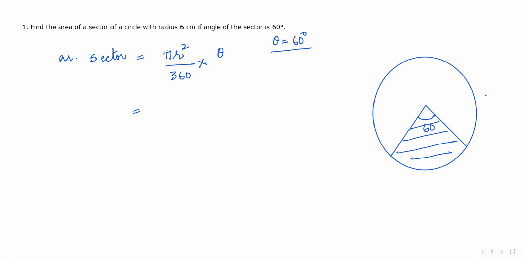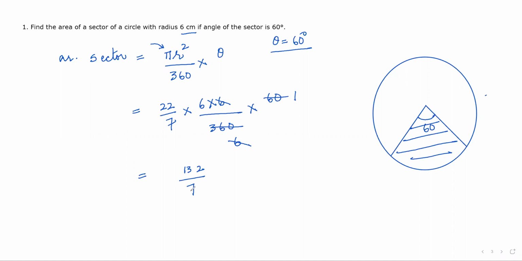So this is equal to, let me put the approximate value for pi, 22/7. What is the radius? The radius is, come on students, 6. So it will be 6 into 6 divided by 360 into what is theta? 60. So 60 ones are 60, 6 sixes are 360, 6 cancels with 6. So very simple, I get 132 divided by 7. You can convert this into decimal.